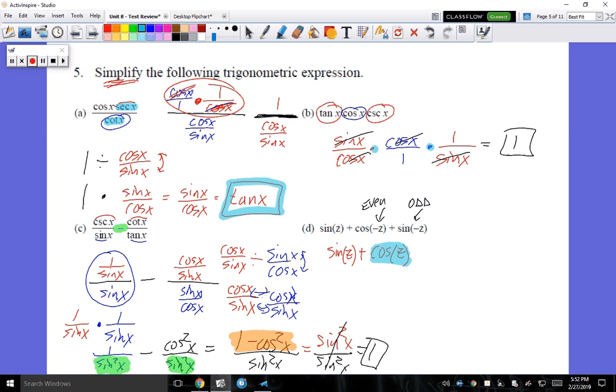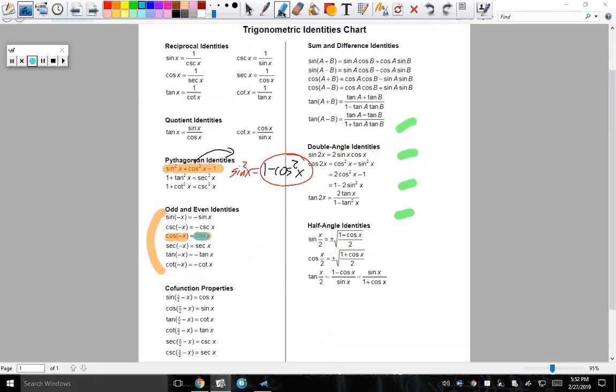Now sine is odd, and you see the sine of a negative input is also going to be that opposite output. So opposite inputs yield opposite outputs. You can see right here. Let me highlight it. Opposite inputs yield opposite outputs.